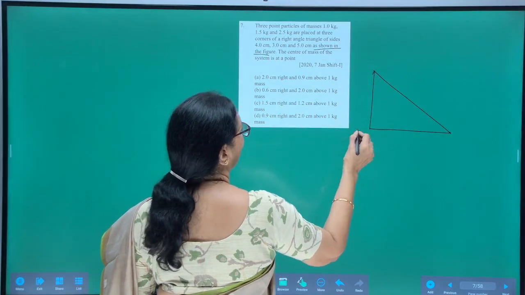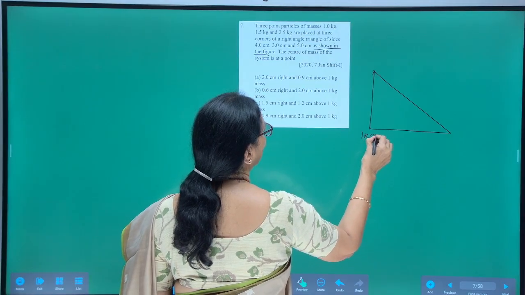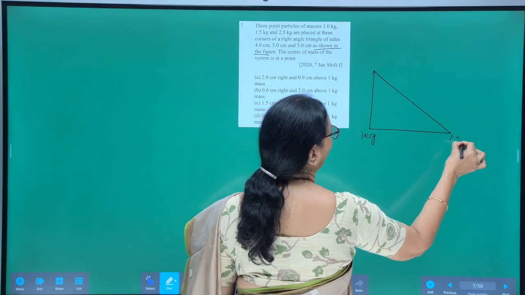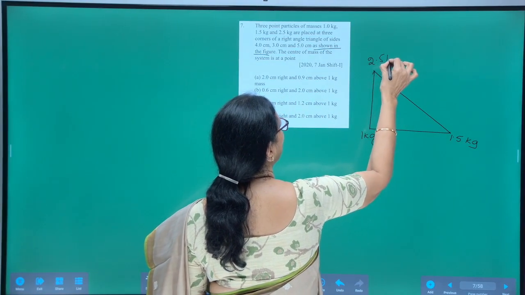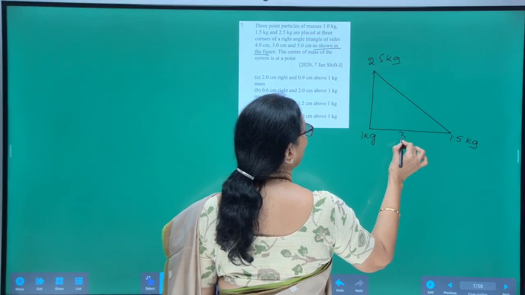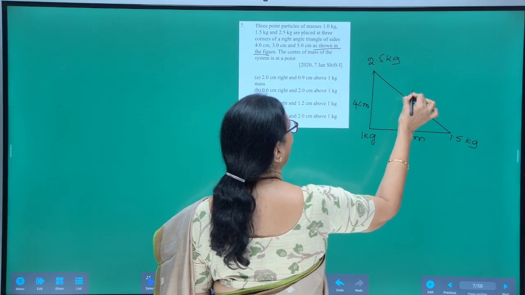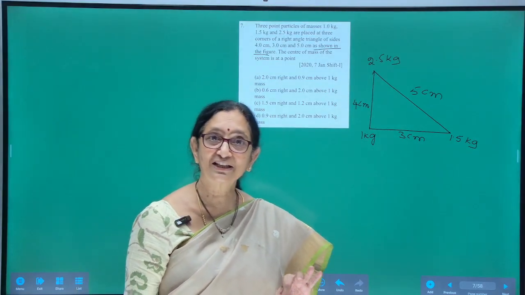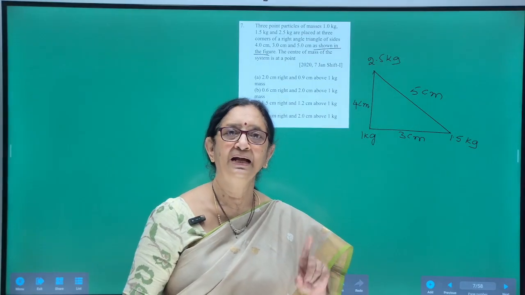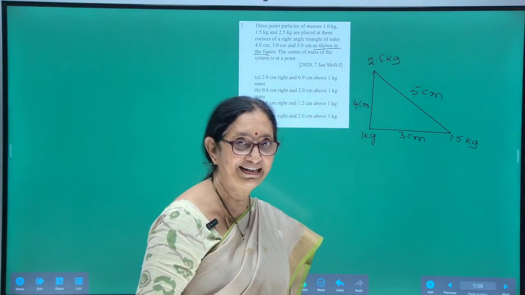Here 1 kg mass is placed, here 1.5 kg is placed, and here 2.5 kg is placed. This is given as 3 centimeter side, this is 4 centimeter side, this is 5 centimeter side. That is the diagram given in the original paper. I forgot to paste that diagram here, but I remember.